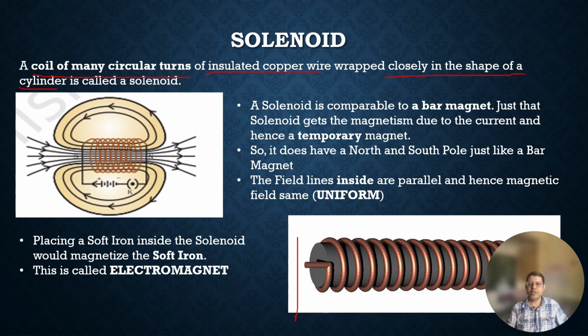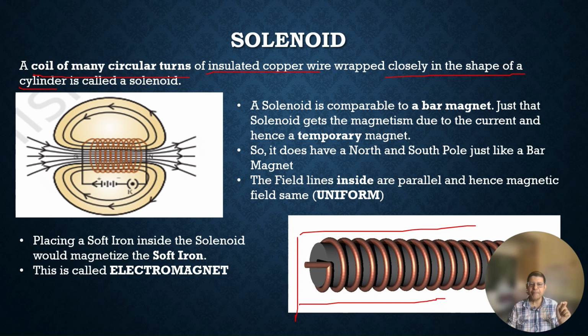It will appear like the cylinder, but without the black core in the center. You can imagine the black core also, right? But if there is no black core, it will still appear like a cylinder. So it's many circular coils of insulated copper wire wrapped in the shape of a cylinder.